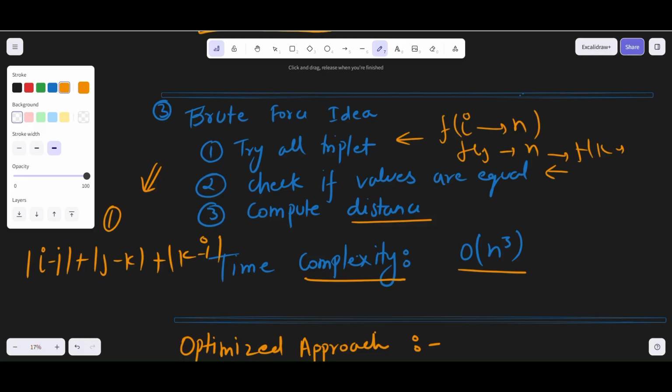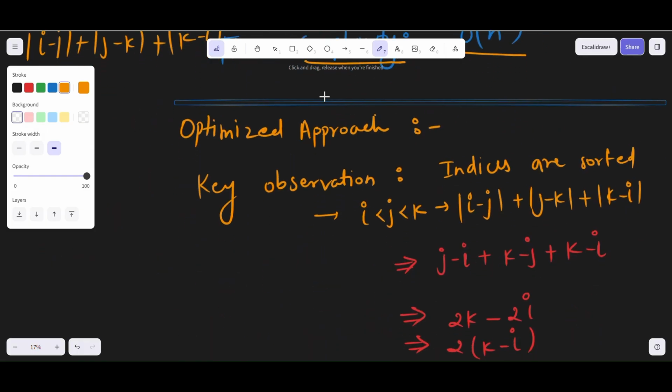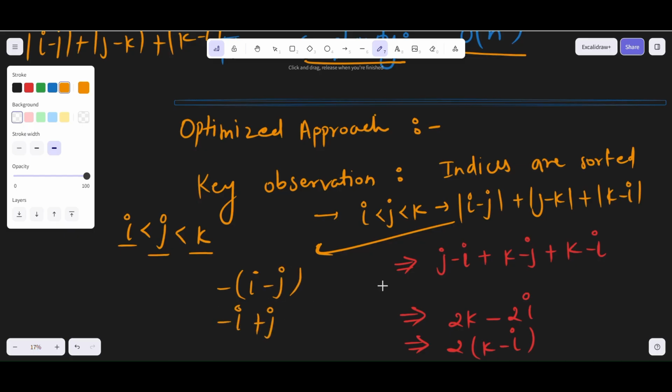But if we know a relation between i, j, k, say i is less than j and j is less than k, then the equation reduces. The first absolute opens with a minus sign because i is less than j, so it becomes j minus i.